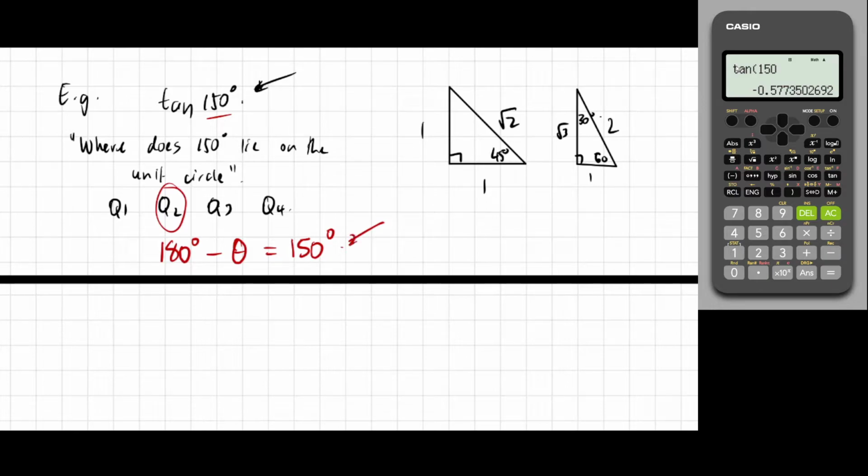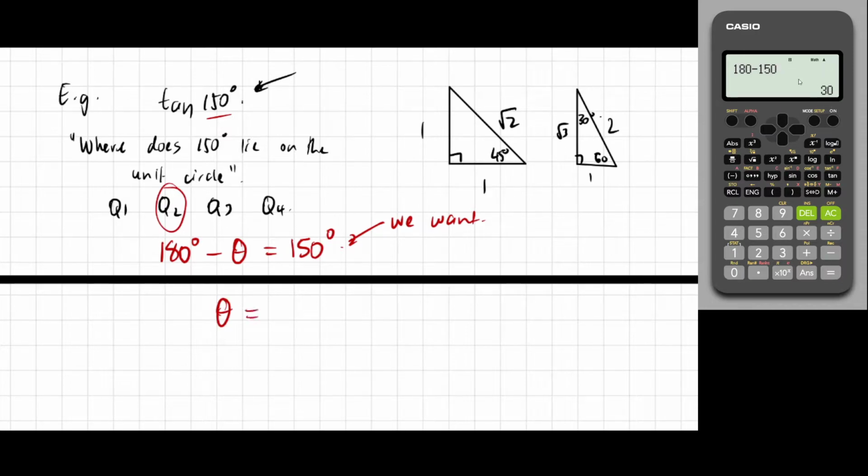So this is what we want, okay? So the question now becomes, well, how do I work out what this is equal to? So think about it, 180 degrees minus what is 150, okay? Shouldn't be rocket science, but you can put it into a calculator if you need to. 180 minus 150 gives us 30 degrees.